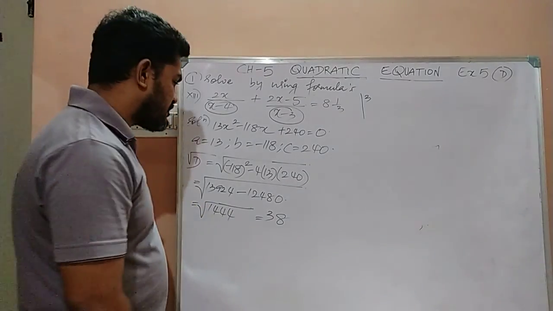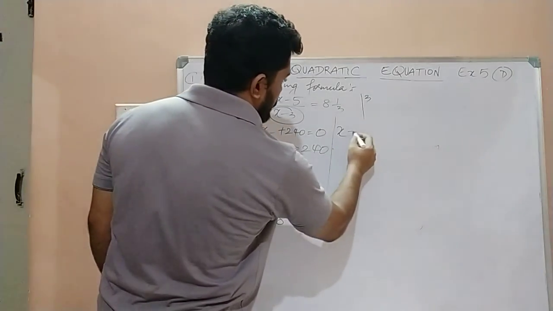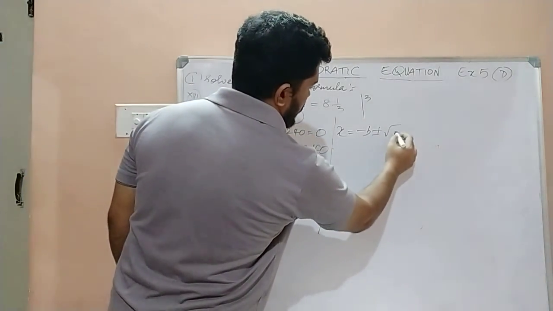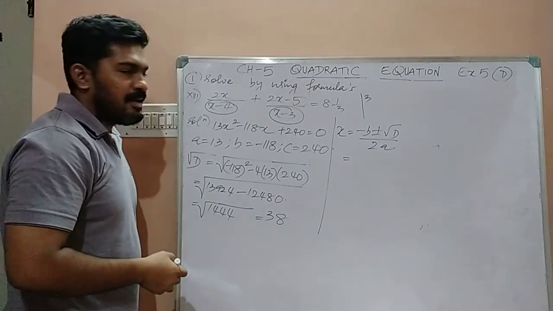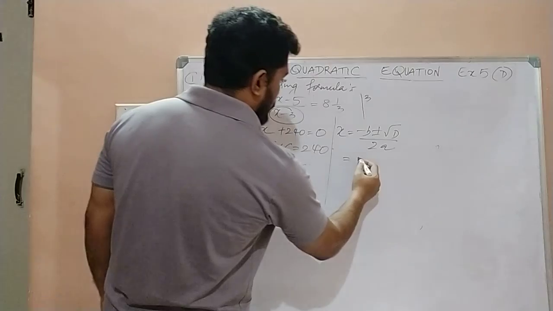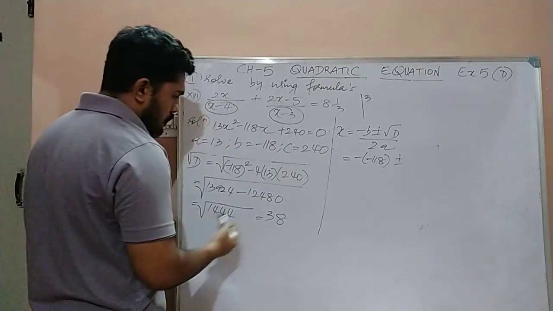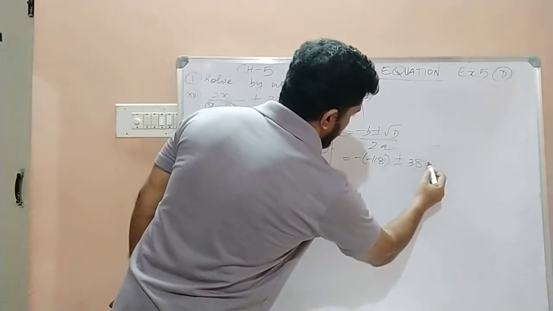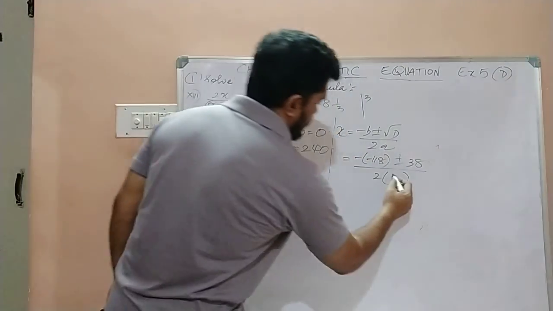Now, let us apply the formula. X is equal to minus b plus or minus root d divided by 2a. Now, children, minus b, that is minus of minus 118, plus or minus root of d, that is 38, whole divided by 2 into a. A is 13.